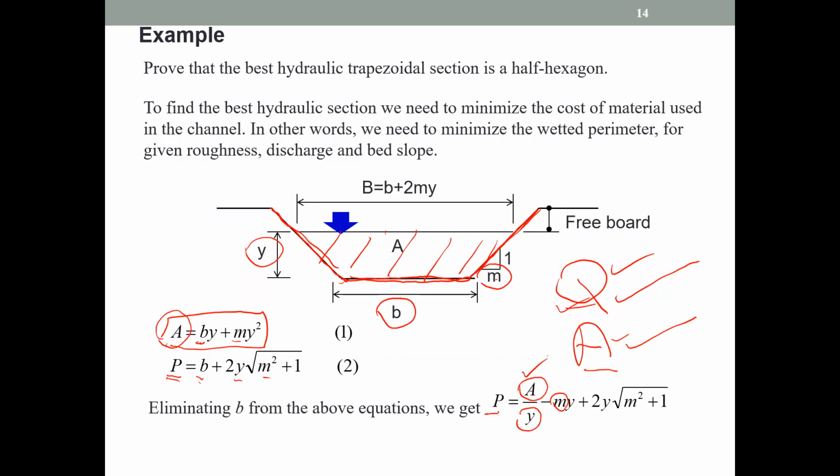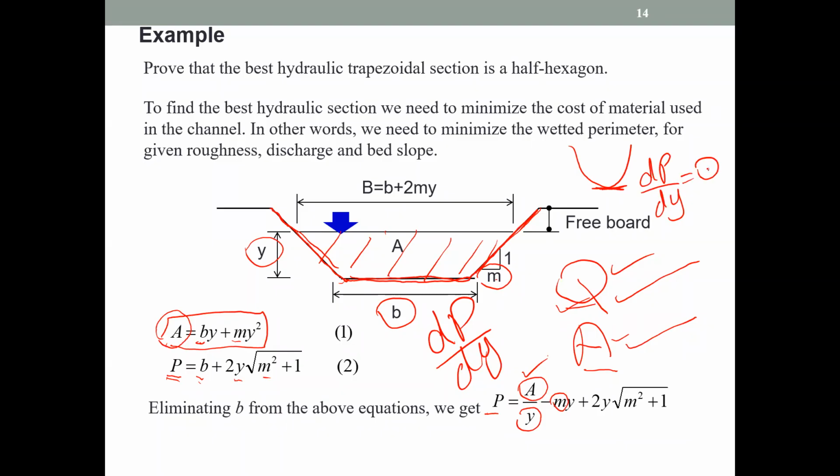Now what do I do? I need to minimize it. How do I mathematically minimize it? I take the first derivative, dP over dy. Suppose that you plot a relationship between y and P, and you take dP over dy. When it is minimum, dP over dy is equal to 0.